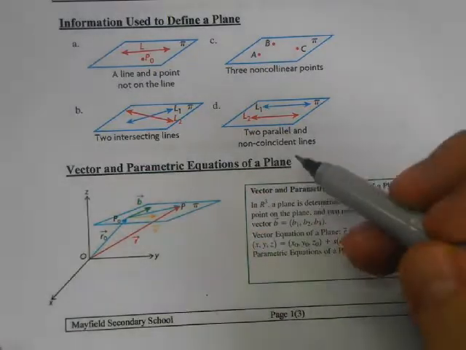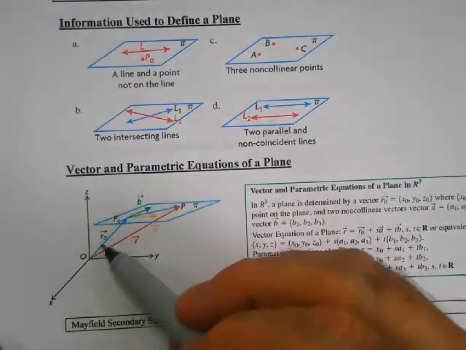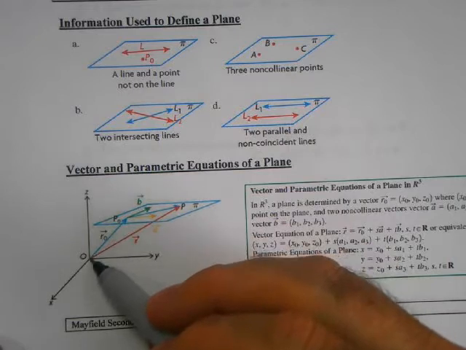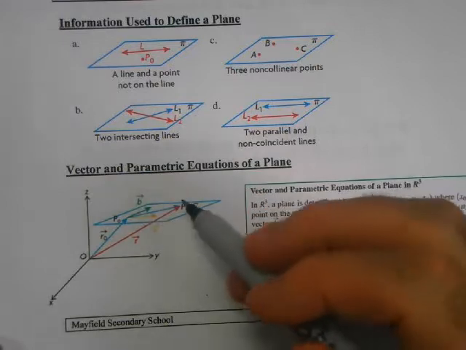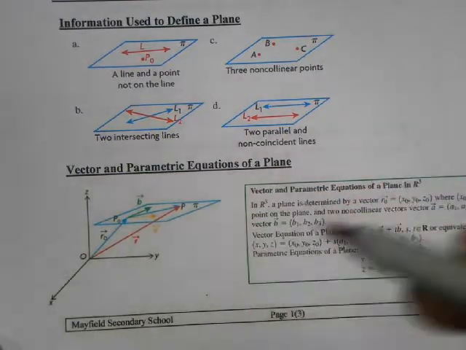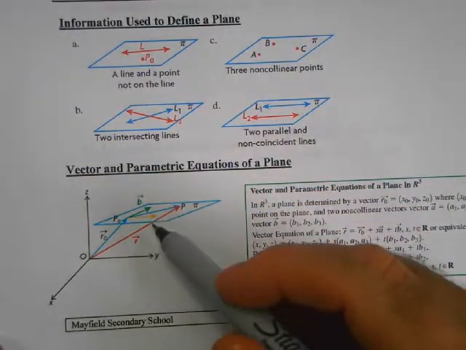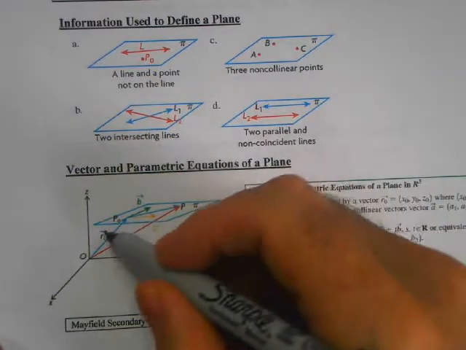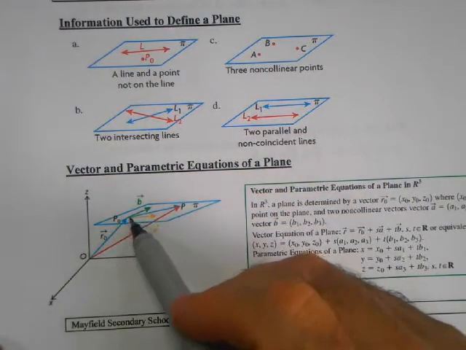So again, just like a line, the way we define a plane is we have a position vector, which is this r0, which goes from the origin up to any point on the plane. It could be any point at all. So this could be an infinite number of position vectors. And then if it was just a line, we'd add a direction vector to define the line along there, but this is a plane, so we have to actually have two different direction vectors.